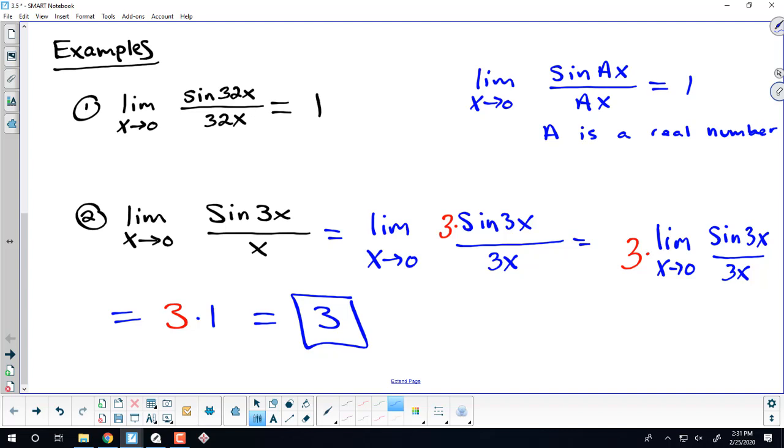Does anyone have any questions on that? Kind of like you have to manipulate it so that it fits that limit above exactly. Is there an example where we could just look at the first version and say, oh, this is going to be 3 because that's the coefficient there? Right. Technically, if we were going to show that it's 3 over 1, it should be 3.